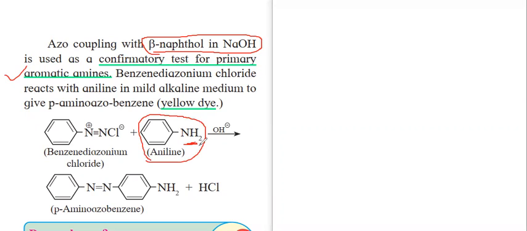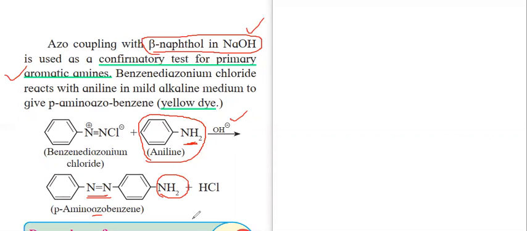When it is treated with benzene diazonium chloride in a mild alkaline medium, the alkaline medium is because of this NaOH, it gives para amino azobenzene. This is the azo group, and at its para position is an amino group.